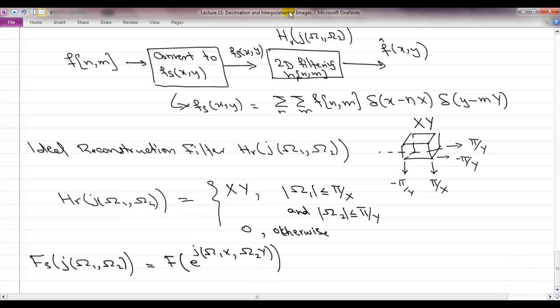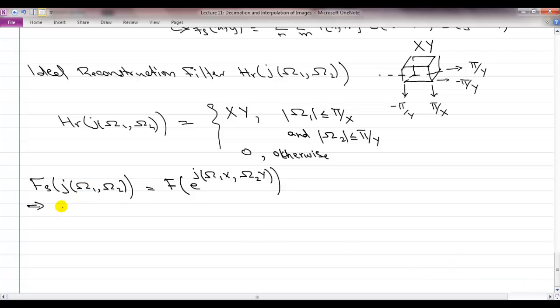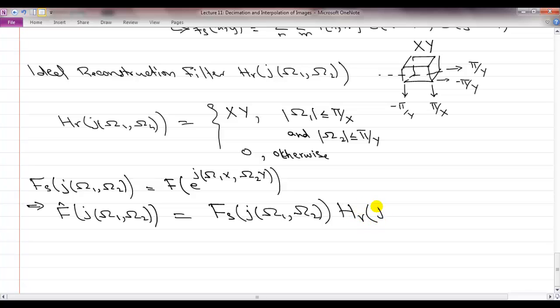And now we are saying that we are doing a 2D filtering. And filtering simply means multiplication in the Fourier transform. So the Fourier transform of f hat of j omega 1 omega 2 is simply equal to the Fourier transform of f_s multiplied by the Fourier transform of the reconstruction filter.